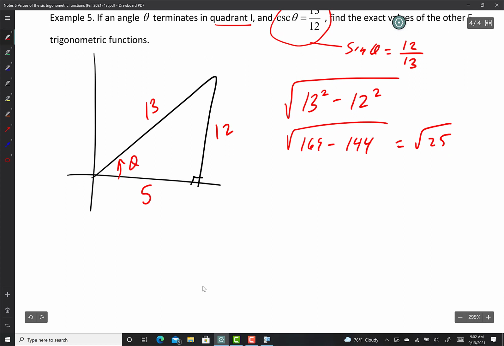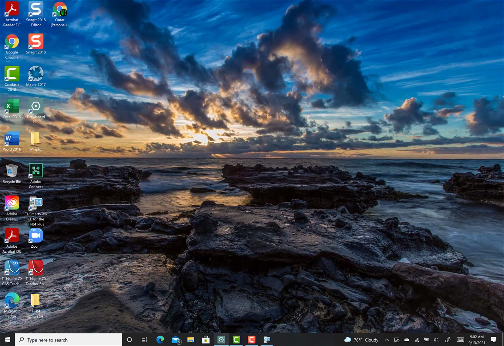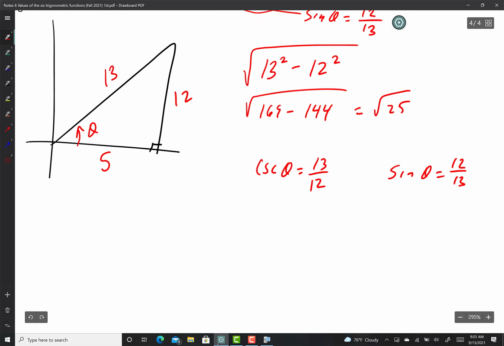They already give me cosecant, so I'm going to write csc theta equals 13 over 12. And since I already did sine, sine theta is 12 over 13. Cosine is adjacent over hypotenuse, Sohcahtoa, so 5 over 13.